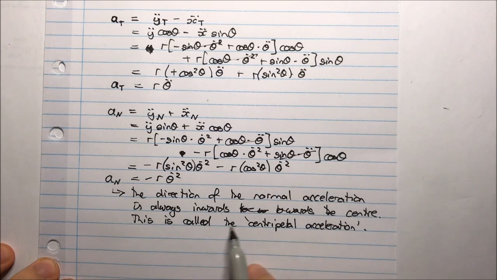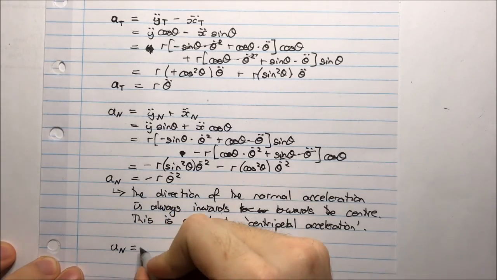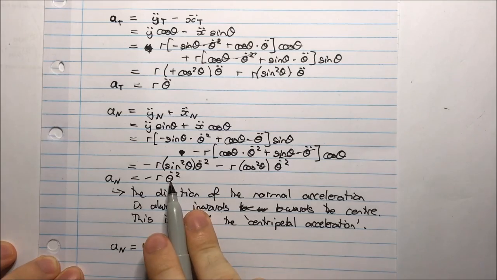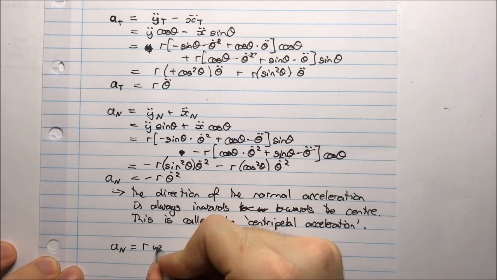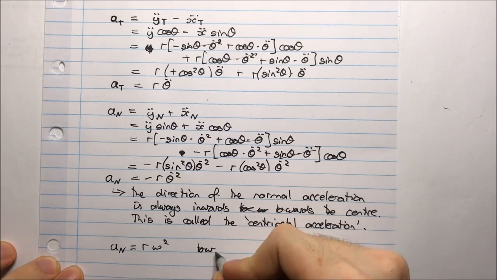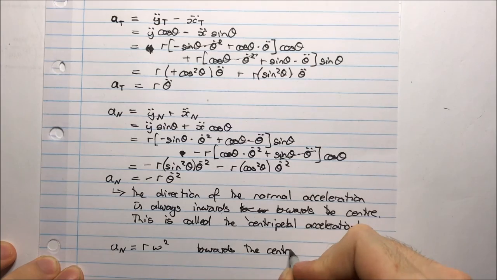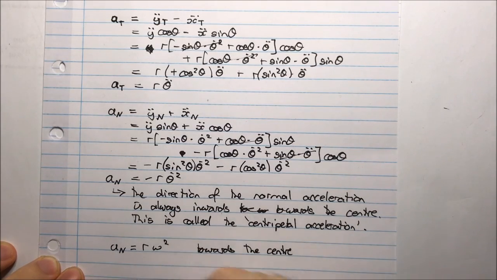So if the acceleration is towards the center, we can say that AN would be equal to r. Now what's theta dot? Well, theta dot is just omega, so let's write it as omega squared towards the center. But what's omega? Omega is v on r.